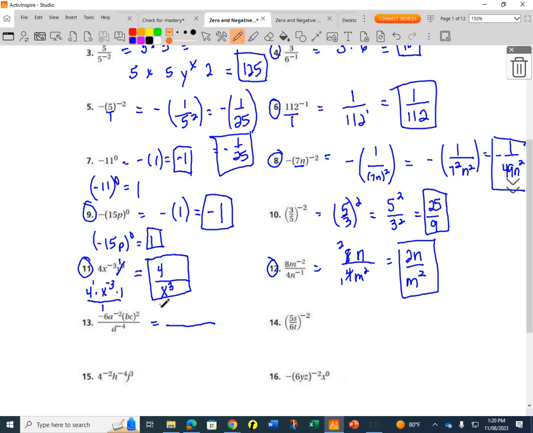If it's in the bottom, I'm moving it to the top. So the negative 6, remember, has a positive 1 exponent. So that one's going to stay in the top. Where's the a to the negative second power going to go? It's in the top. Where's it going to go? Bottom. So a to the negative second power is going to be a to the positive second power.